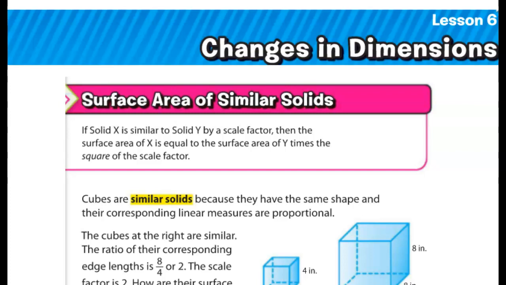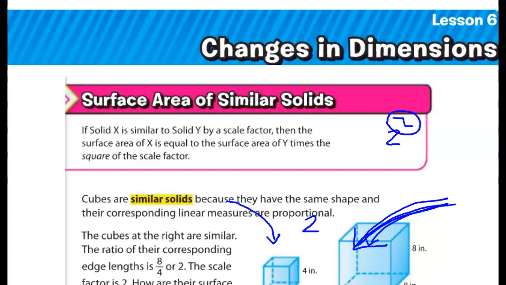So if we have two similar solids, and they tell us that the scale factor is twice, and we want to find the surface area of this one over here on the right, we're not just going to multiply the original one by 2. We're going to take the scale factor, which is 2, and square it, because when we're dealing with area, we square it.